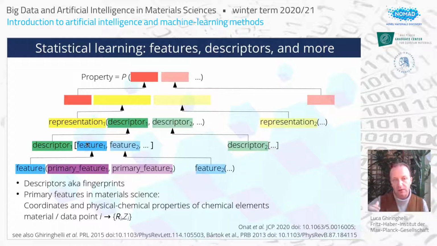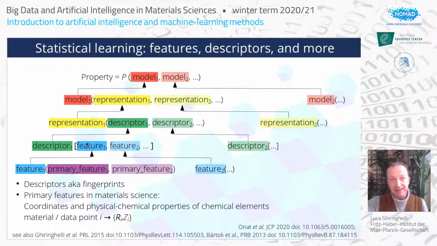Some of them utilize directly the descriptor in order to build the next step, that is the model. So at most this representation will be a kind of identity step. But in several cases, like in deep learning, the crucial advantage of deep learning is that it builds some internal representation that makes the best use of the descriptors used as an input.